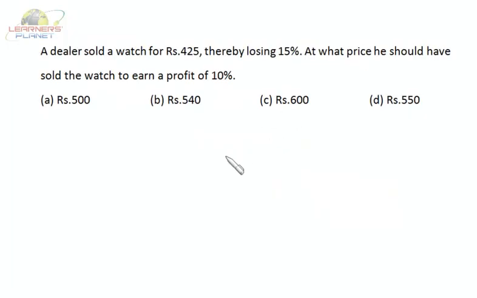Now let's see this question. A dealer sold a watch for rupees 425 and thereby losing 15%. At what price he should have sold the watch to earn a profit of 10%? First of all, let's calculate the cost price. Now friends, we have discussed that SP by CP ratio.